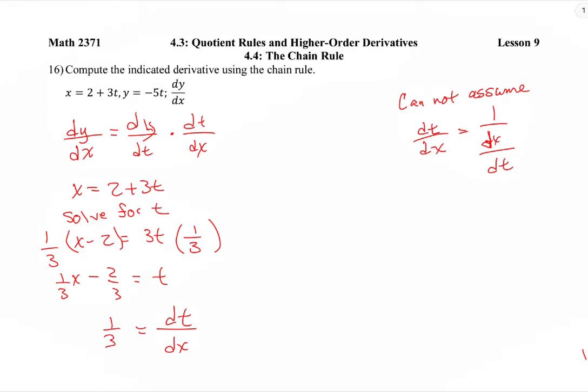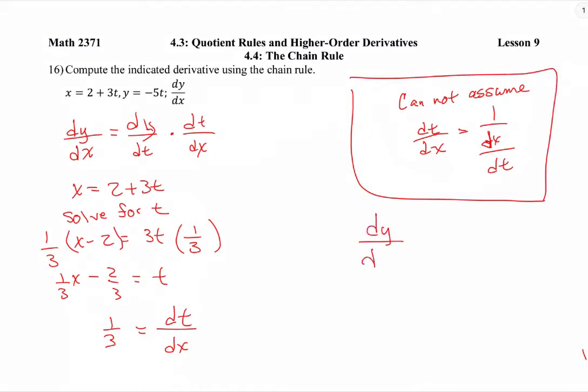Then if I find dy/dt, I know that y equals negative 5t, so dy/dt is negative 5.